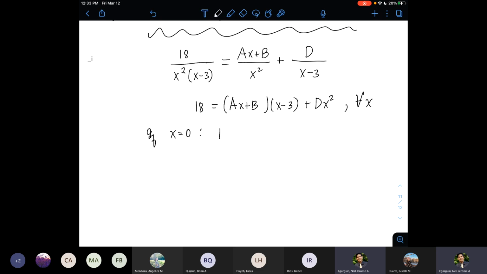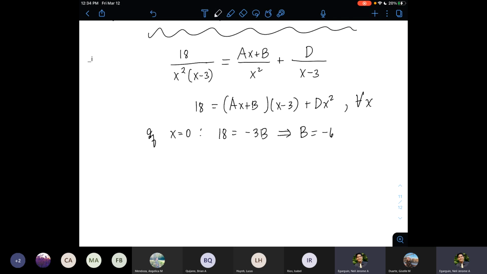If I do that, I'll have 18 equals negative 3b, right? So this will be 0. B will be there, and this would be negative 3. That's how I got negative 3b, plus d times 0. So there we go. We find a value of b, and it's equal to minus 6.